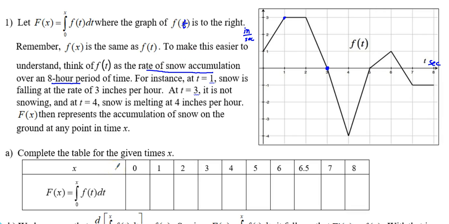I want you to pause the video here for a minute and complete the table. From 0 to 0, area is 0. From 0 to 1, you can see those are two tiny areas. So I'm going to fill in this blank. You might want to pause the video and find those areas, and then you can check the answer.